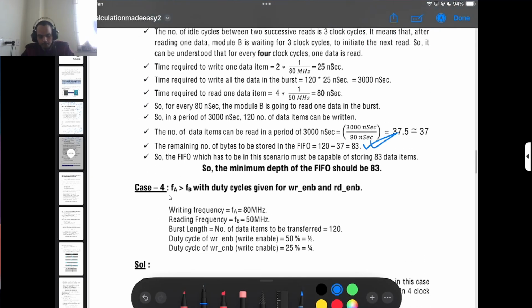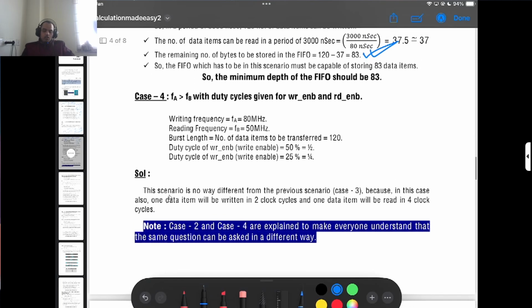Now problem number 4, that is case 4 also. Now also FA is greater than FB, with the duty cycle given with respect to write enable and read enable.